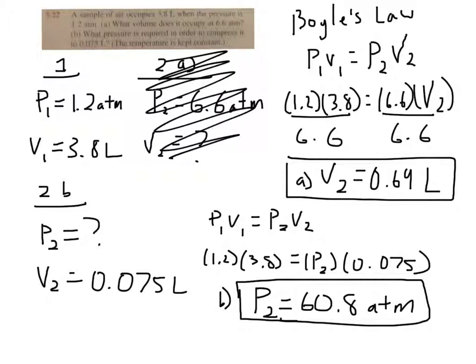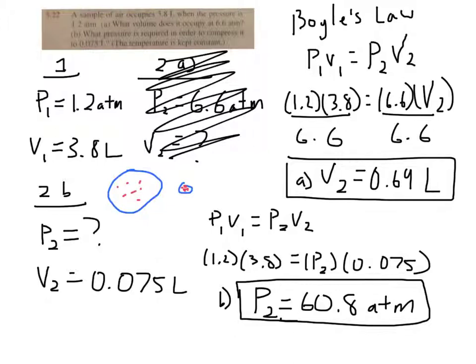Now imagine squeezing that all the way to only about 0.075 liters. Think of this huge space with a little gas in here, and we squeeze that into a teeny tiny space, and they're all crammed in there. That means the pressure is really, really high, which explains this 60.8 atm. Remember, the unit is atmospheres because we're always working with atmospheres when we're doing the ideal gas law, or in this case, Boyle's law, which works with ideal gases.